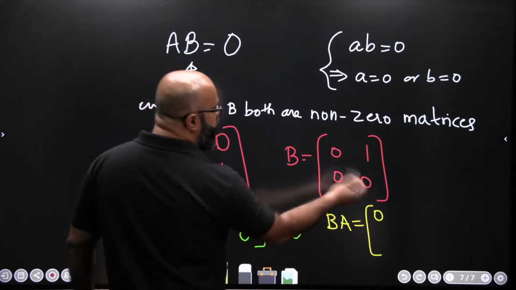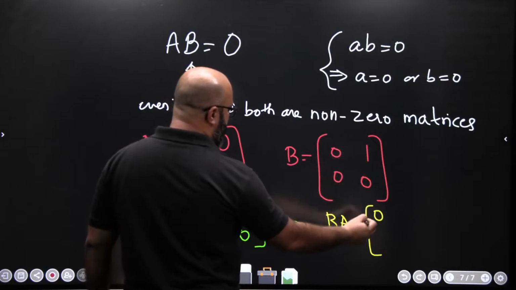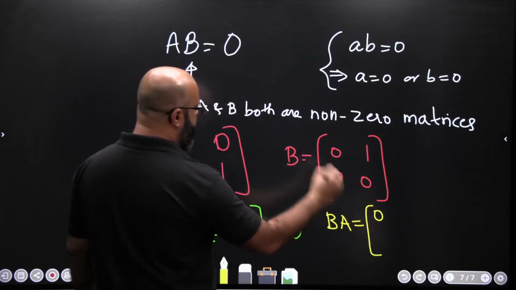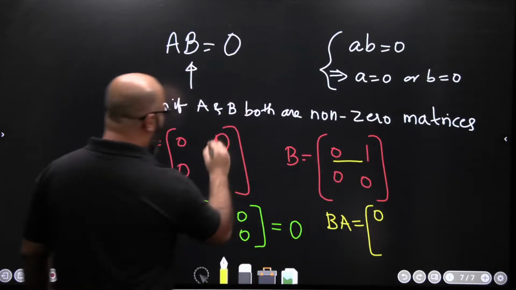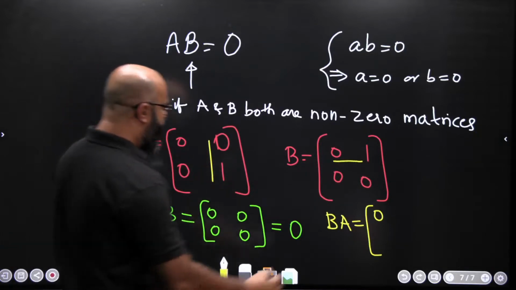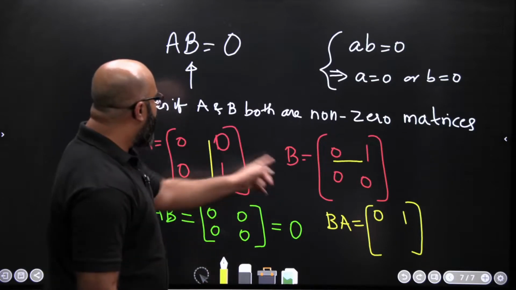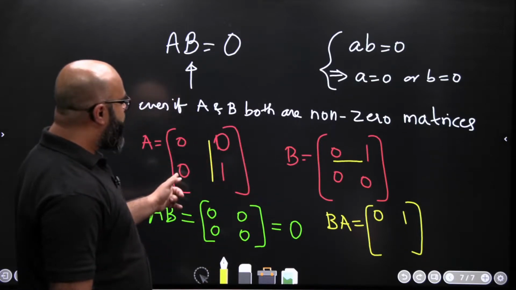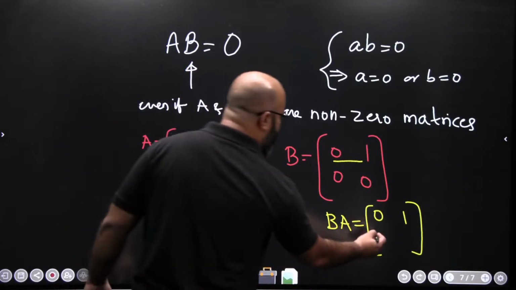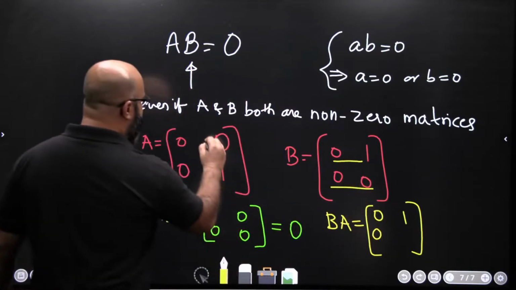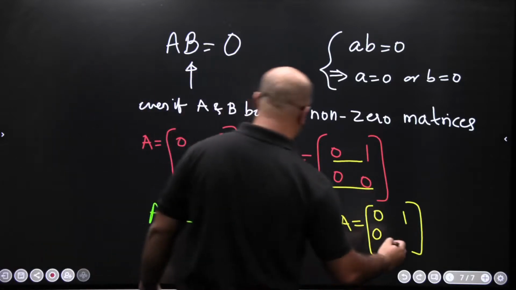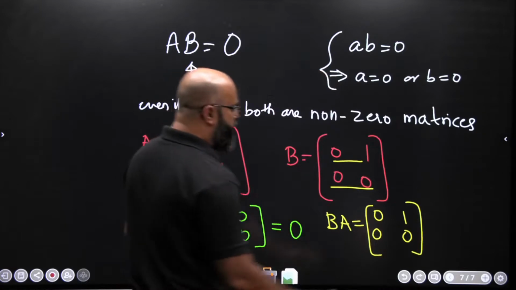This was B into A, right? So we are talking about first row into first column, that is fine. Then first row into second column, right? So this is 0 and 1, that will be 1. Then we talk about second row and the first column, that will be 0. And second row and the second column, that will also be 0. So this is not a null matrix.